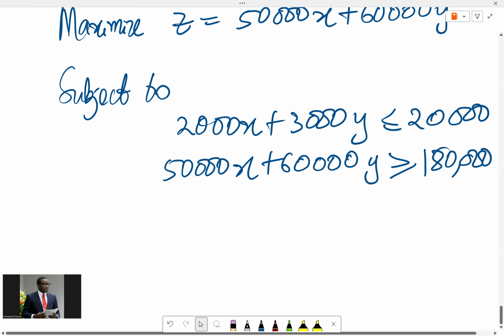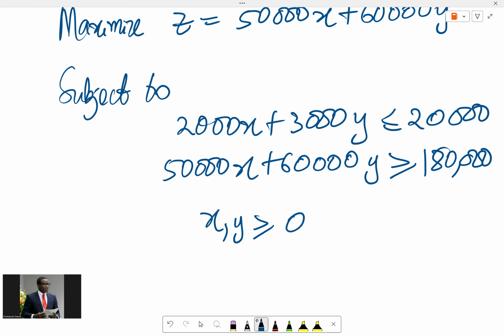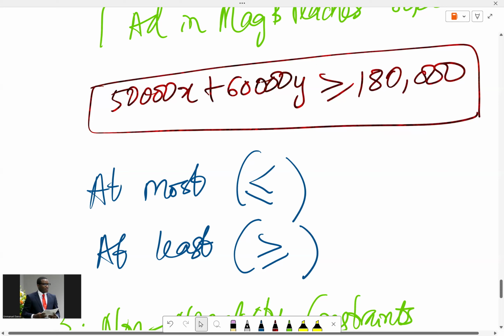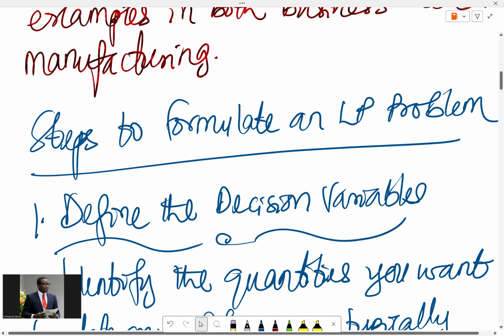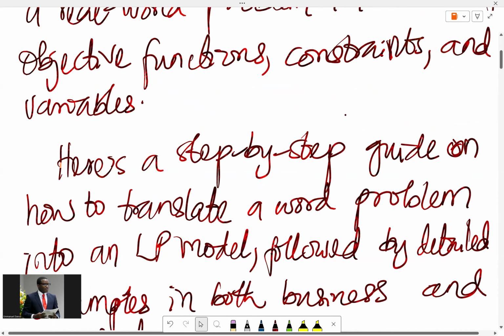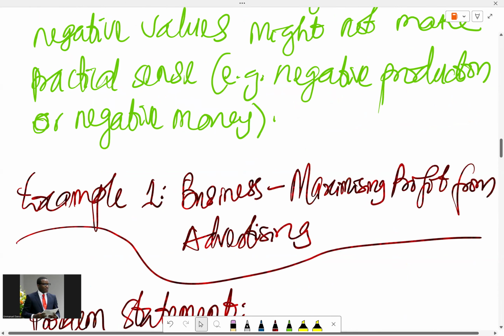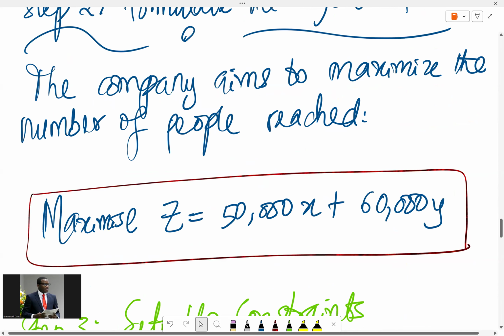And you have the non-negativity constraints, that X and Y are both greater than or equal to 0. That's the formulation of the problem. This video is all about formulation, to learn how to set up a linear programming problem. From the next video, you'll be seeing different approaches for solving these kinds of problems.